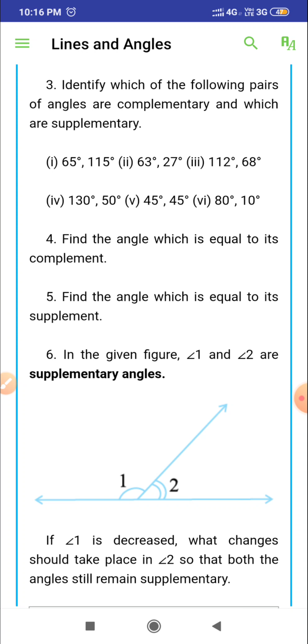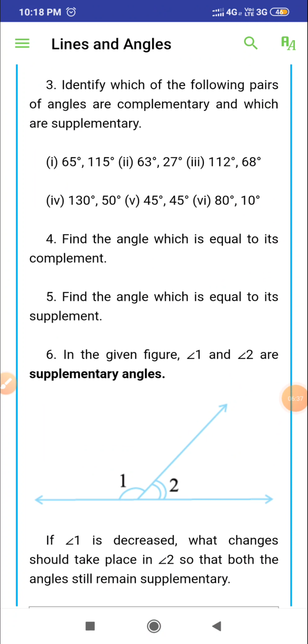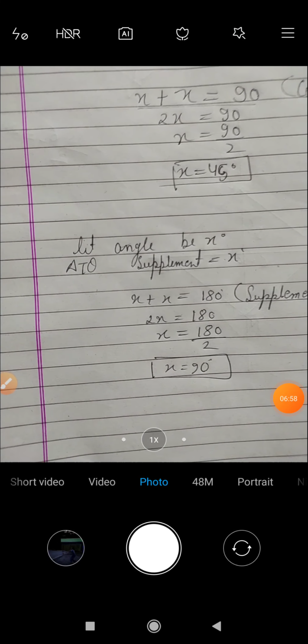Now move to our fifth question, and our fifth question is: find the angle which is equal to its supplement. You can solve this question in the same manner that I did question number 4. So first we assume that the measurement of our angle is x degrees.